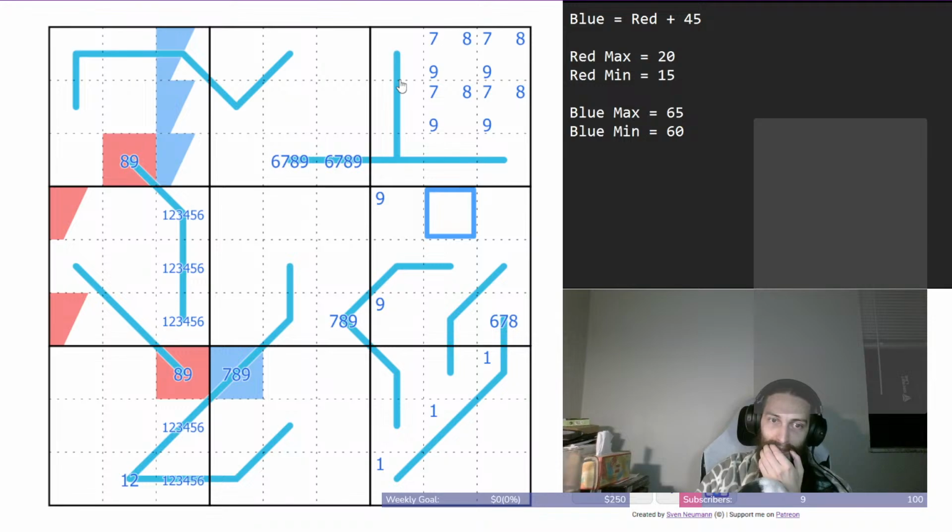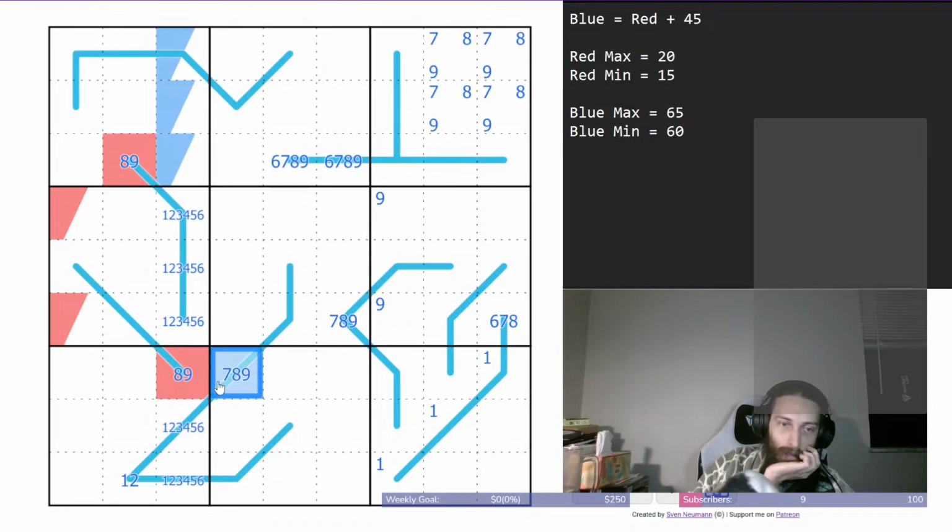Right. A 7 makes us a 9. A 9 makes us an 8.